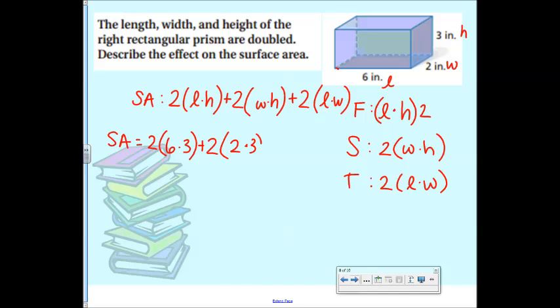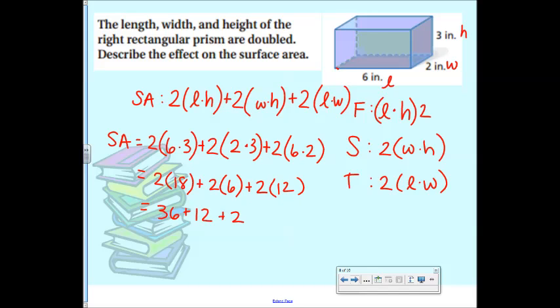Okay, what would happen to the dimensions if I doubled all of them? It would double. What would my new dimensions be? If I doubled all my dimensions, what would they be? Twice their size. Okay, so specifically 12, 4, and 6.